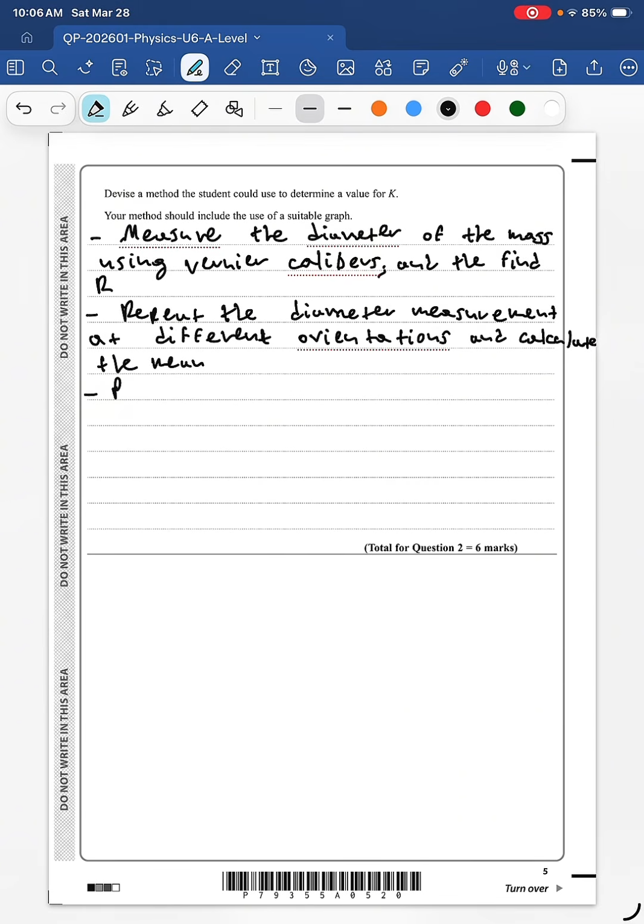You can also place a marker at the equilibrium position to make timing easier.